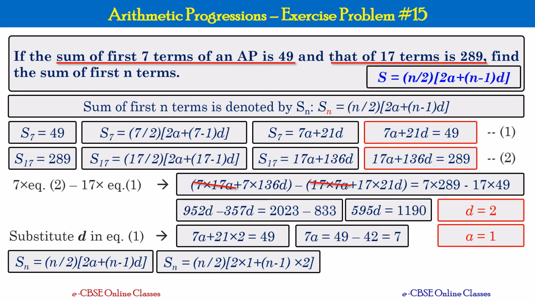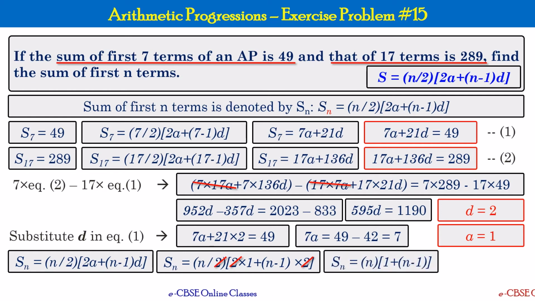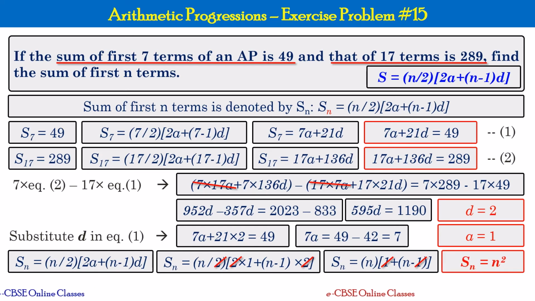So denominator has 2, so that cancels the 2 in the numerator. So that leaves us n times of 1 plus n minus 1. So 1 and 1 get cancelled here. That becomes sum of the first n terms is equal to n square. Correct? It has got a very elegant form of the solution.